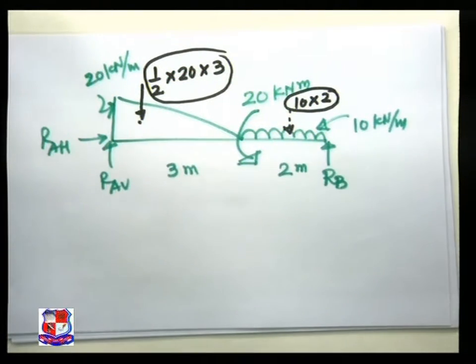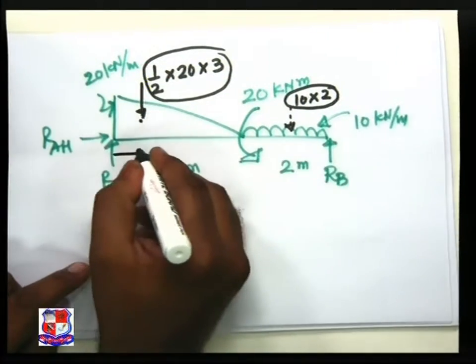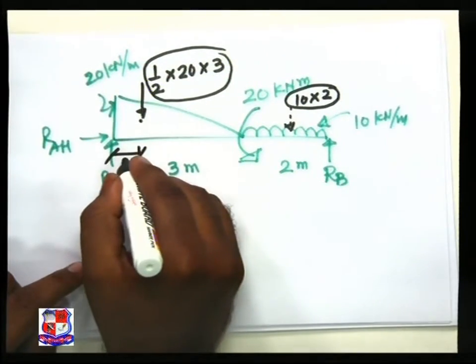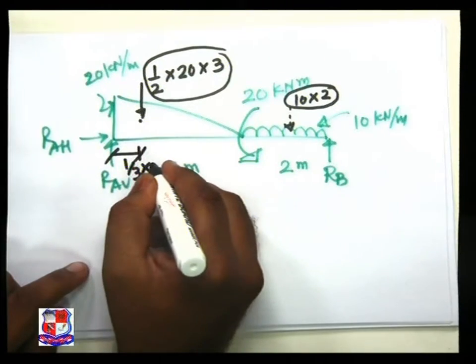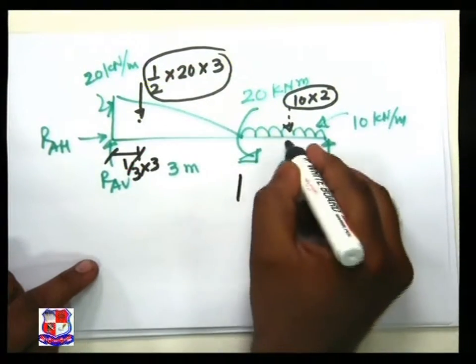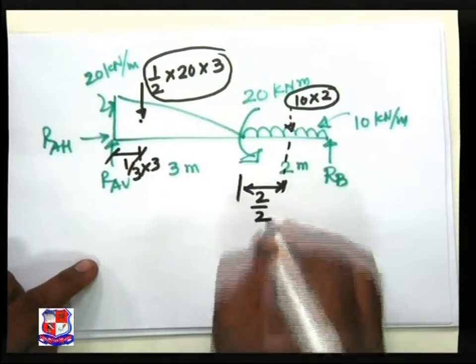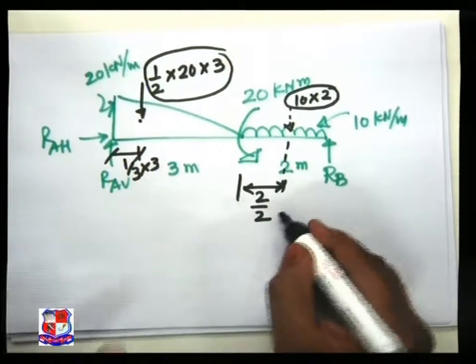The distance at which the triangular load acts is one-third into 3. This distance is 3 by 3, that is 1 meter.